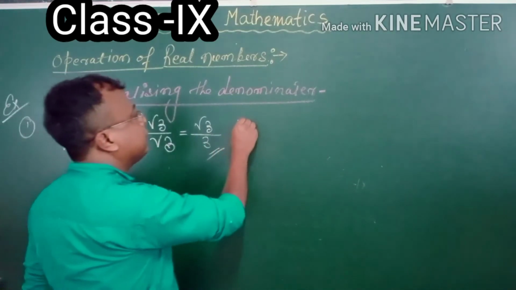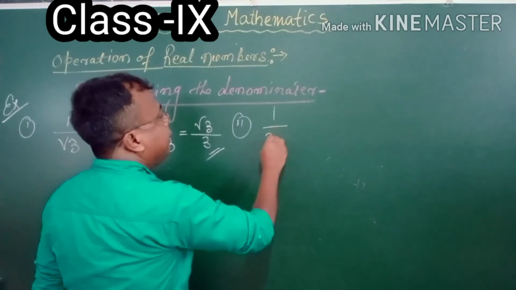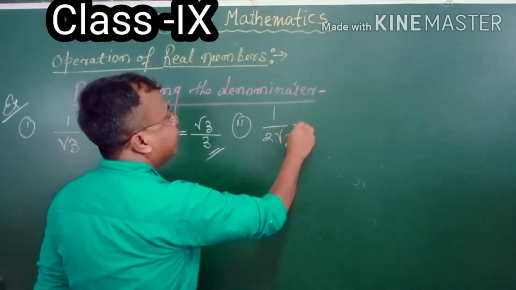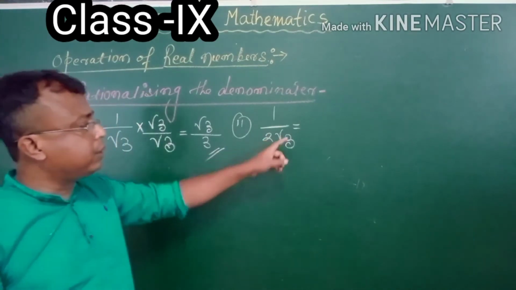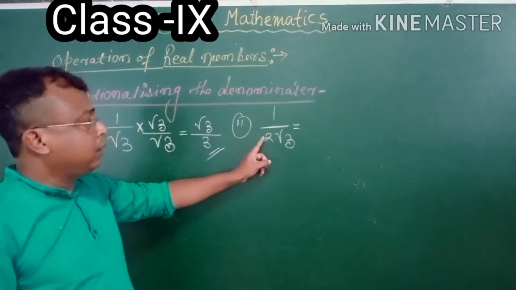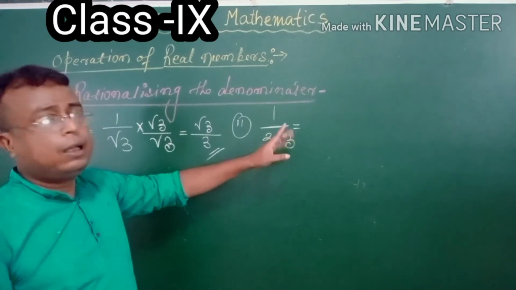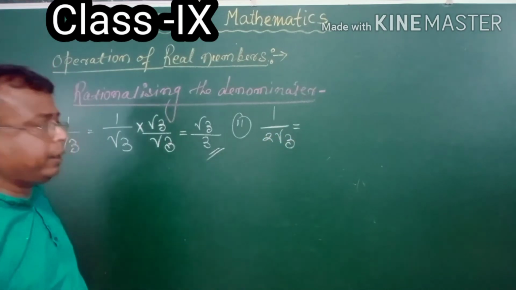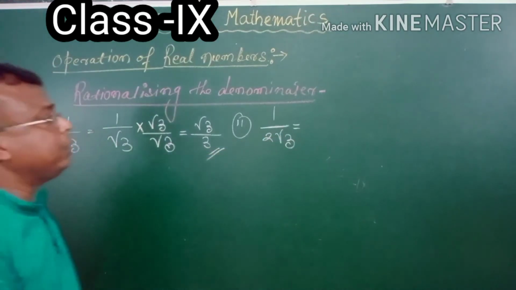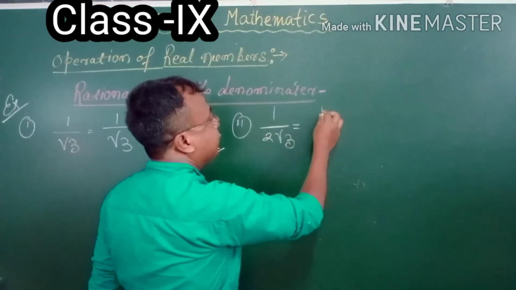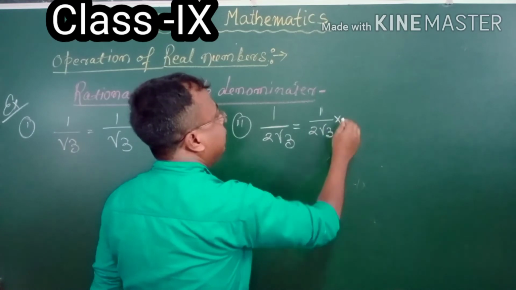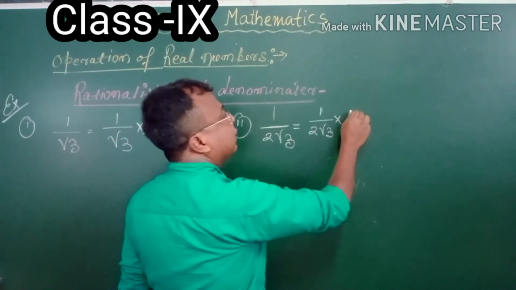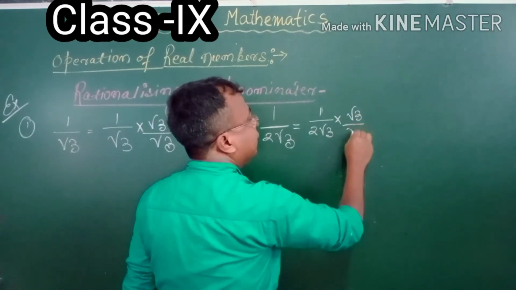Let us take one more example. 1 by 2 root 3. Here also, 2 root 3 is an irrational number. You know, rational into irrational is equal to an irrational number. So let us try to rationalize it. 1 by 2 root 3 into root 3.